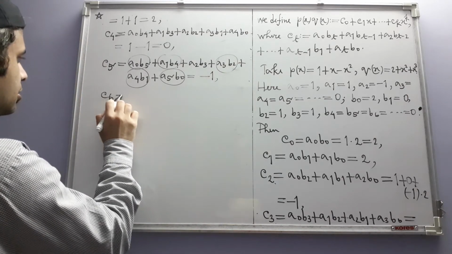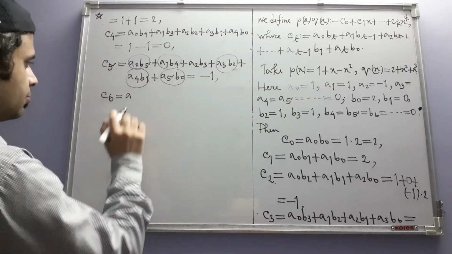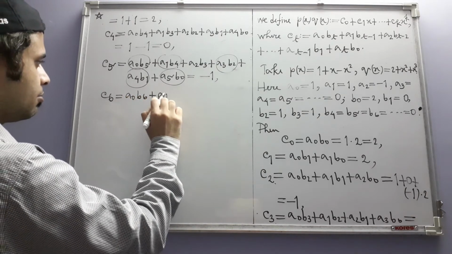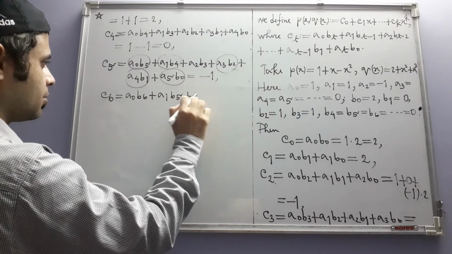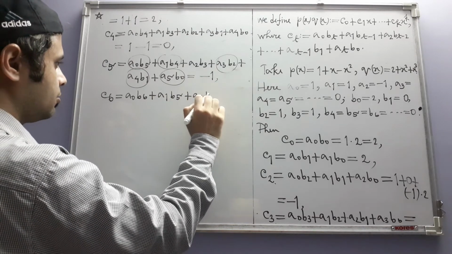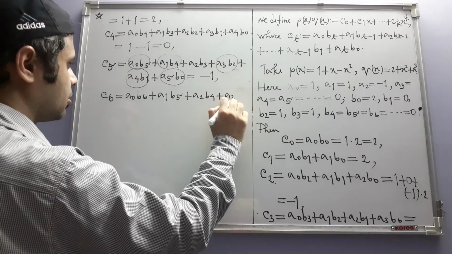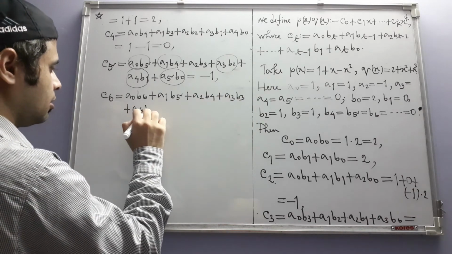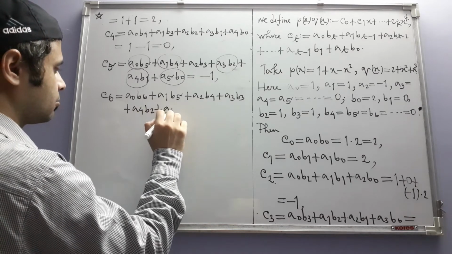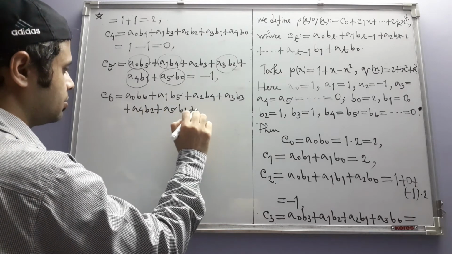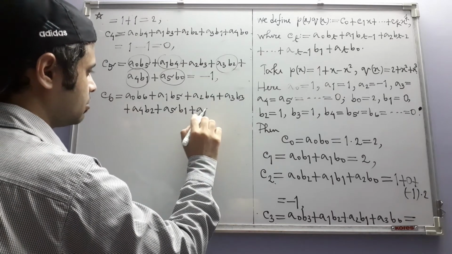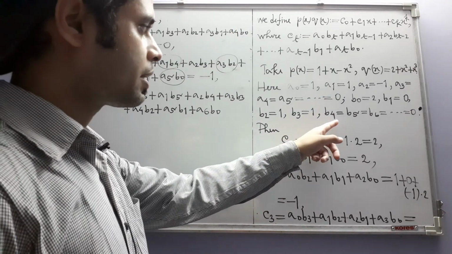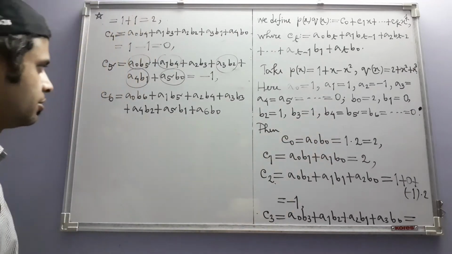What about C6? A0 B6 plus A1 B5 plus A2 B4 plus A3 B3 plus A4 B2 plus A5 B1 plus A6 B0. B starts becoming 0 from 4.